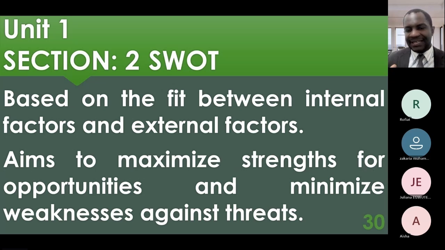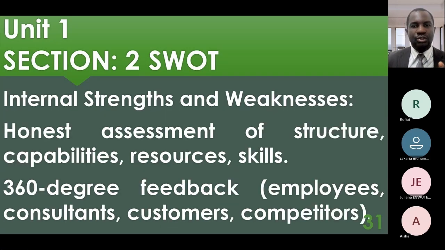While you minimize your weakness against threats, so internally you have weakness, but those threats are coming to exploit your weakness, so you try to address the weakness to be able to sustain the threats. There will always be threats in the market. So the strength speaks to opportunities and the weakness speaks to threats. It's very important we take note of this.